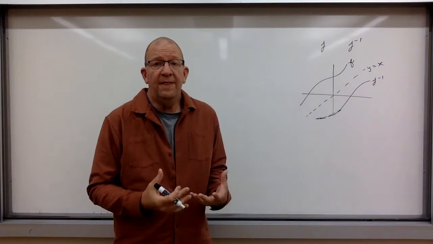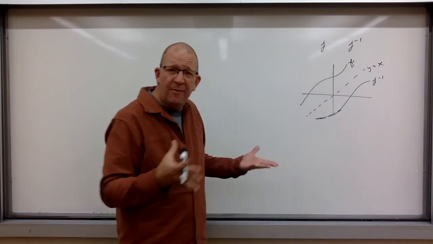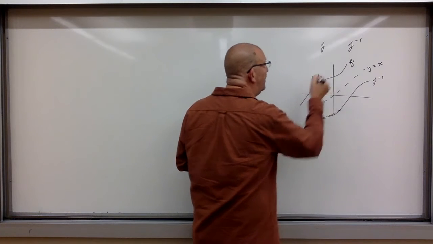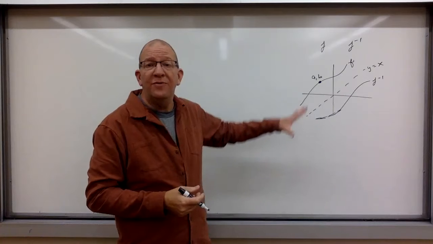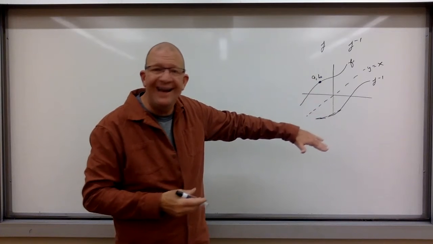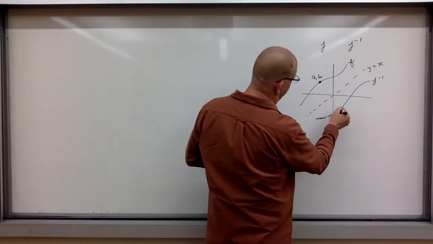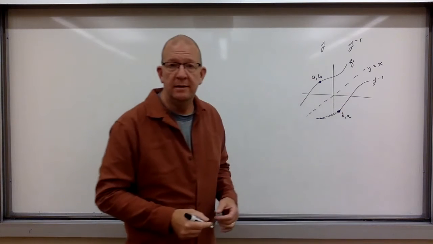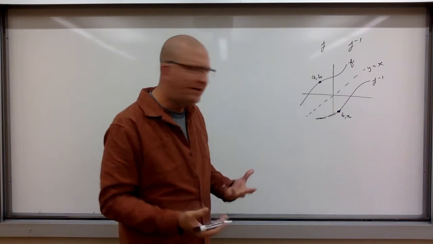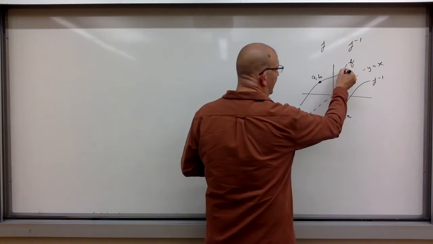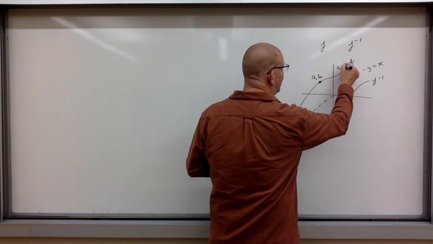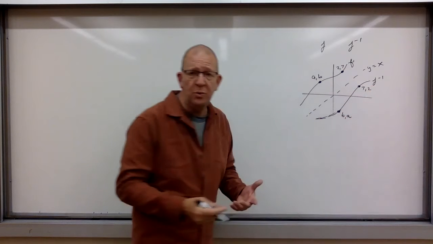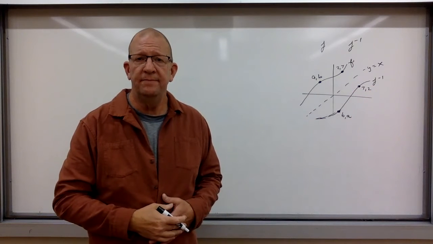And more important than that, if you have a point on f, say a comma b, there is a corresponding point on f inverse, say b comma a. So if, for example, the point 2 comma 7 were on f, then the point 7 comma 2 would be on f inverse.